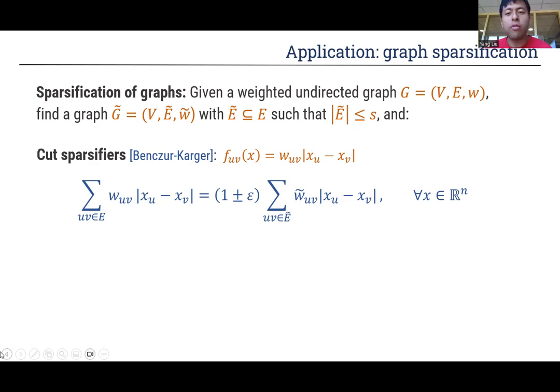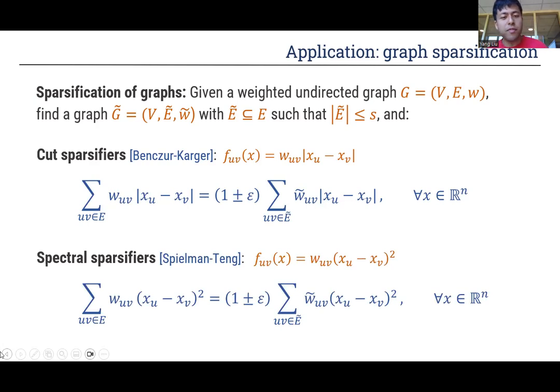In other words, the total function f(x) is the sum of w_uv times |xu minus xv|. In the spectral sparsifier problem, we're given that the function f is w times (xu minus xv) squared. So as you can see, these both fall in the setting of sparsification because they're sums of single functions.